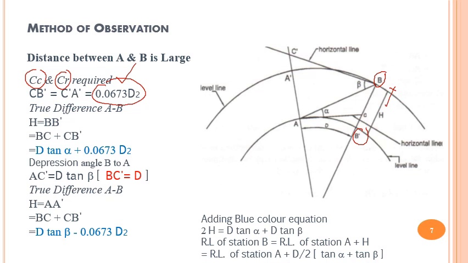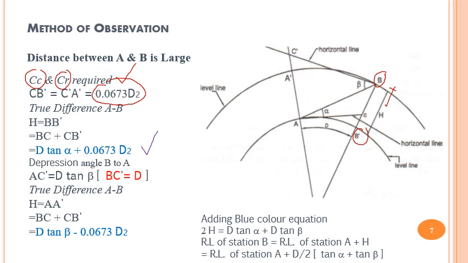Then H is equal to D tan alpha plus 0.0673 D squared. For the depression angle, BC dash is equal to D tan beta.